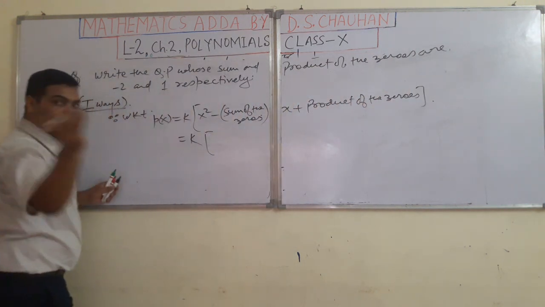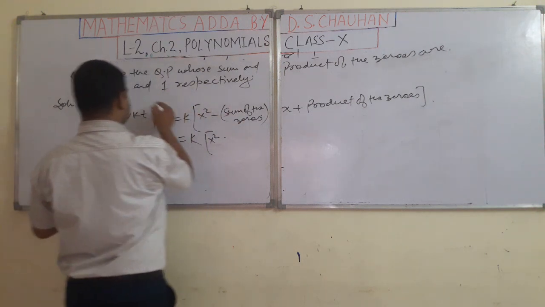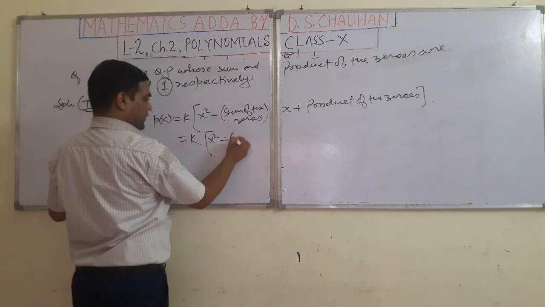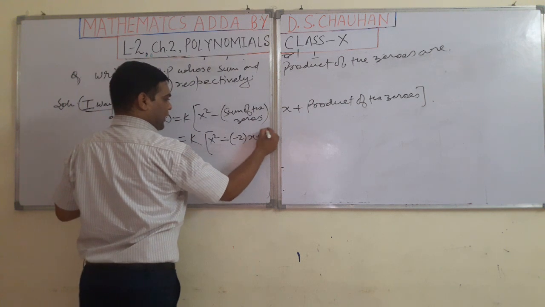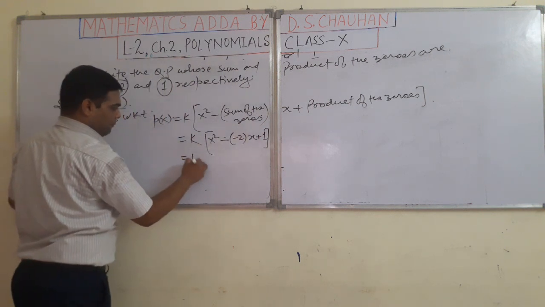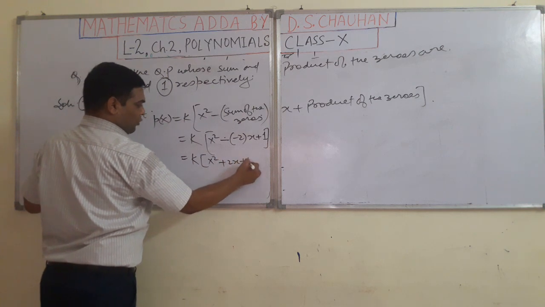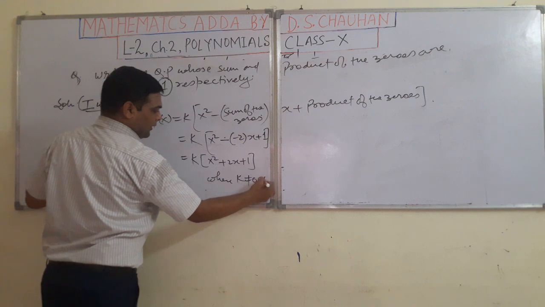K times x square minus sum of the zeros, how much is it? This is -2. Product of the zeros, it is 1. Put the values. This is -2 into x plus product of the zeros, it is 1. So what do you have? K times x square plus 2x plus 1, where you have to write k is a non-zero real number.